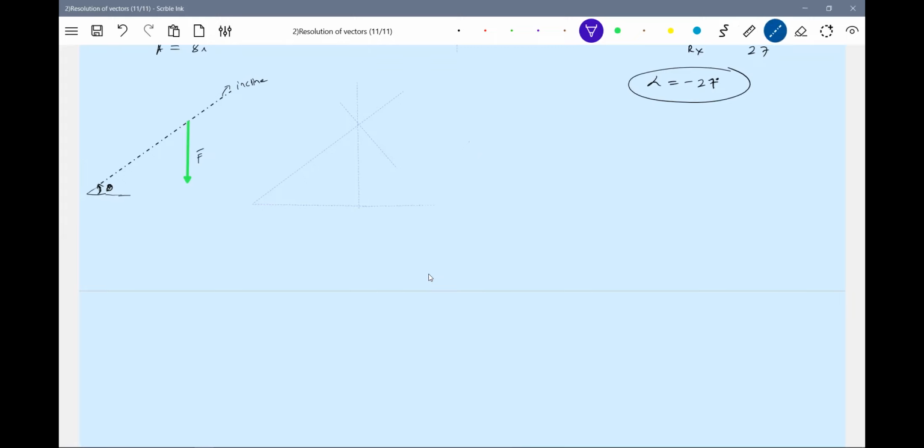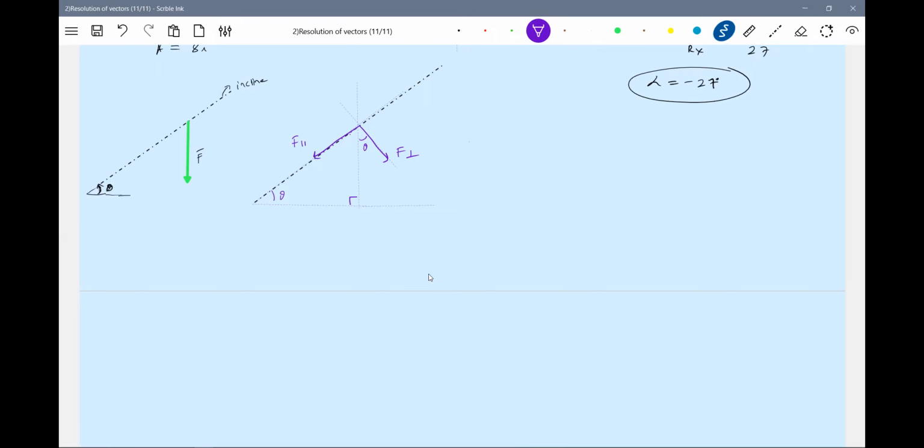This is the inclination. From the data available, this is 90 degrees, 90 minus theta. So therefore this should be theta. The component of force along this, I'll call F perpendicular. The component of force along this, F parallel. F parallel will be along the incline.